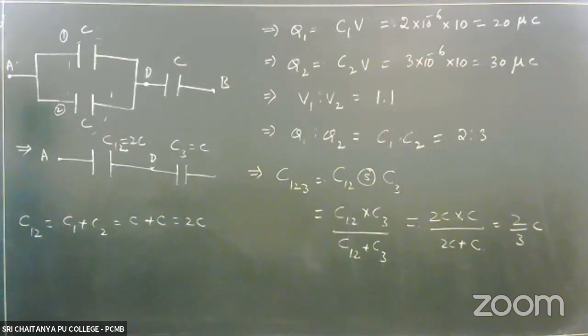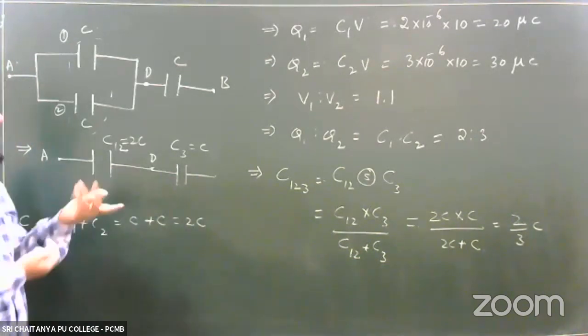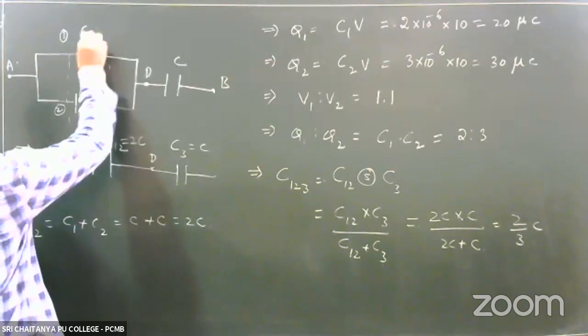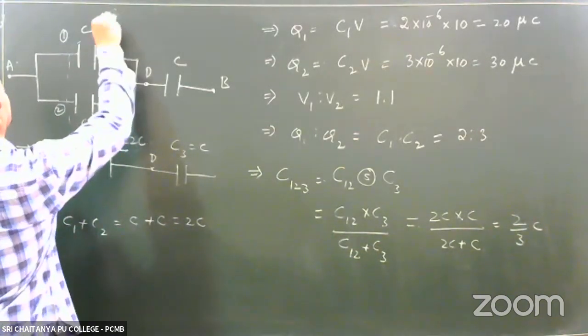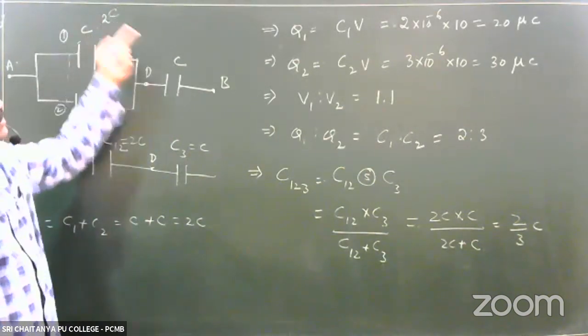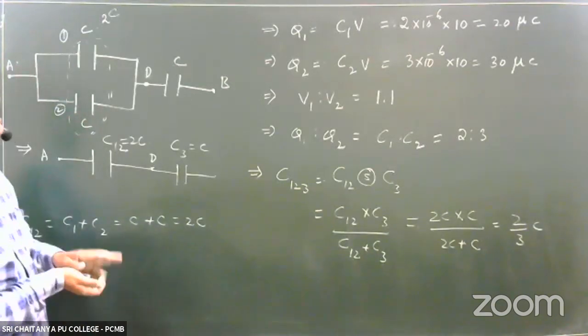That is the answer. If you practice it more and more without doing all this, when these two are parallel, immediately this is 2C, or series 2 by 3 C. Directly you can write the answer without doing. Okay?